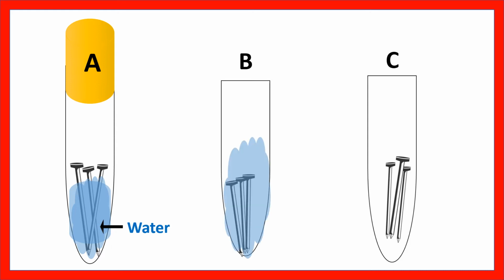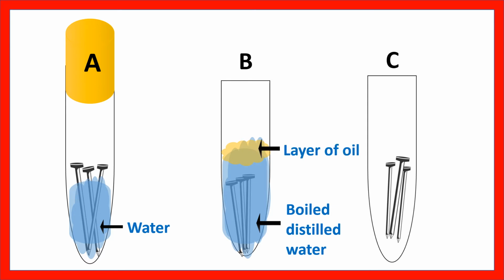Next, in test tube B, we pour boiled distilled water till the nails are totally immersed. Afterwards, we pour about 1 ml of oil on the surface of the water. Now we close test tube B with a rubber cork.